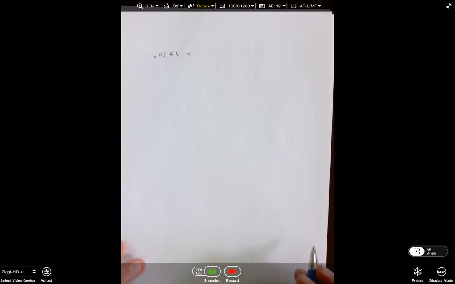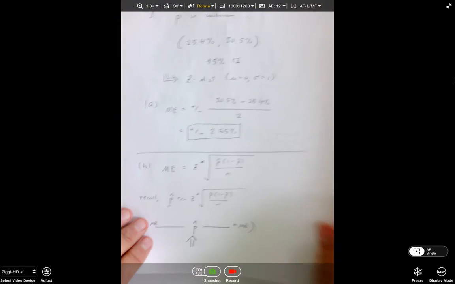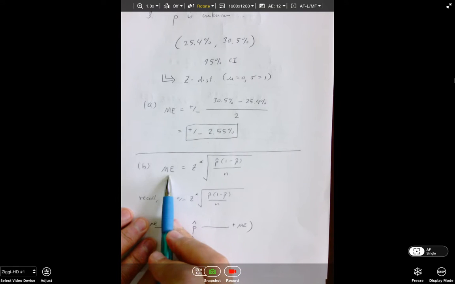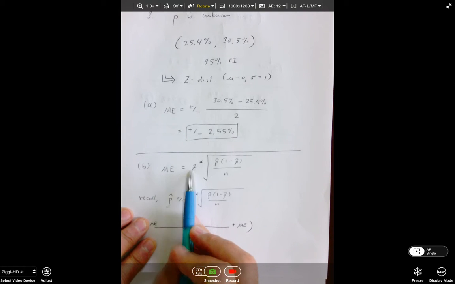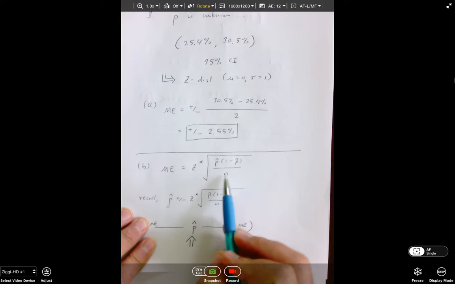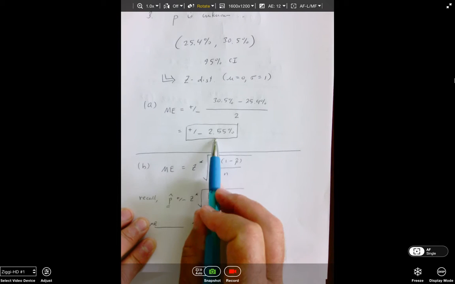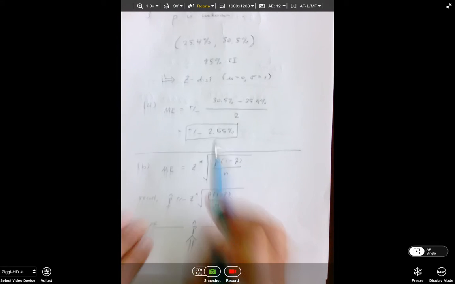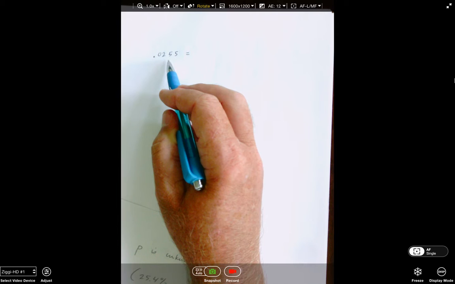We should know that the Z critical, guys, what I'm using right here is I'm using this right here. I'm just filling in the information that I know. I found p hat now. All I am missing in this entire relationship is n. So my margin of error that I got right here is 2.55%. So I'm using 0.0255 there.